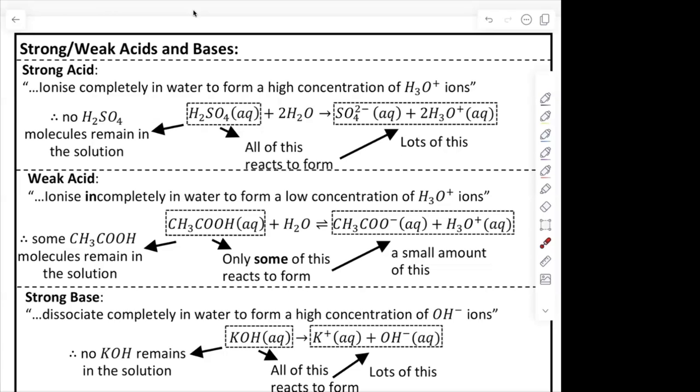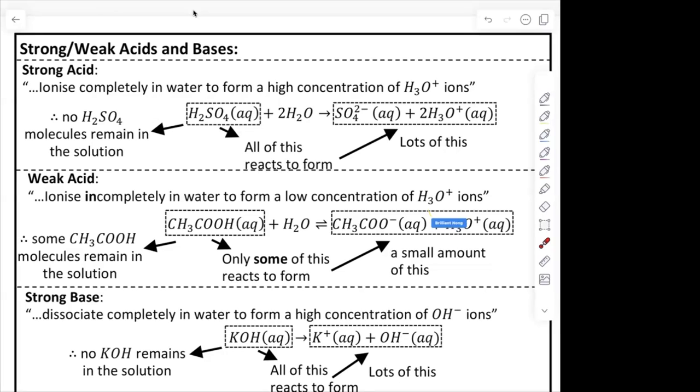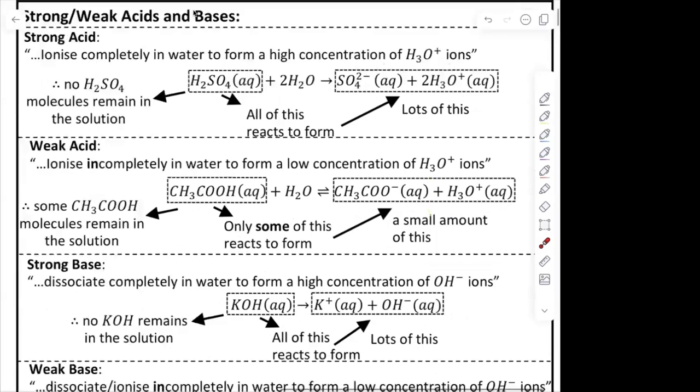A weak acid will ionize incompletely, or only partially, in water to form a low concentration of H3O+ ions. So I'm going to have a very low Kc value for that ionization reaction, or a low Ka value. For bases, it's a similar story.